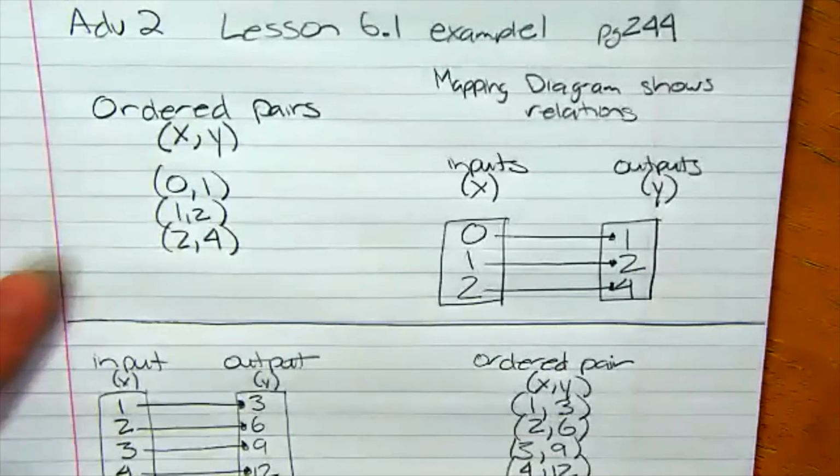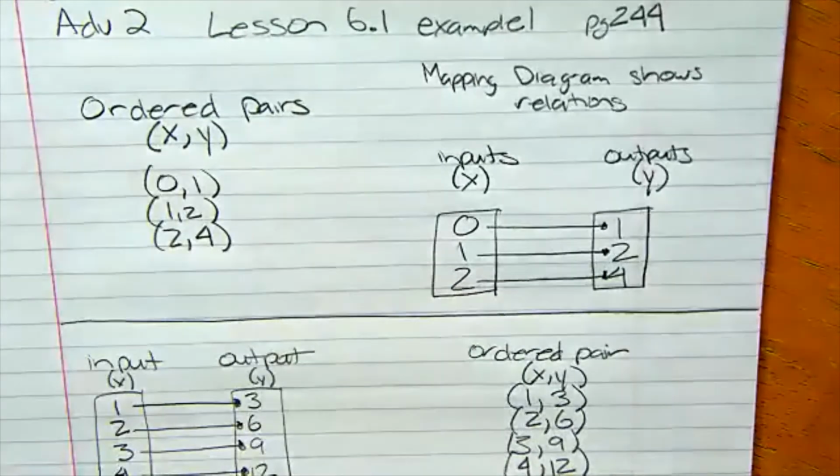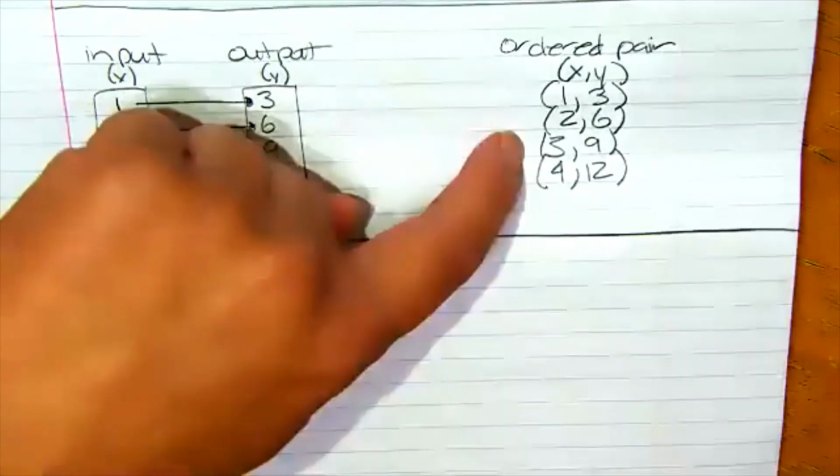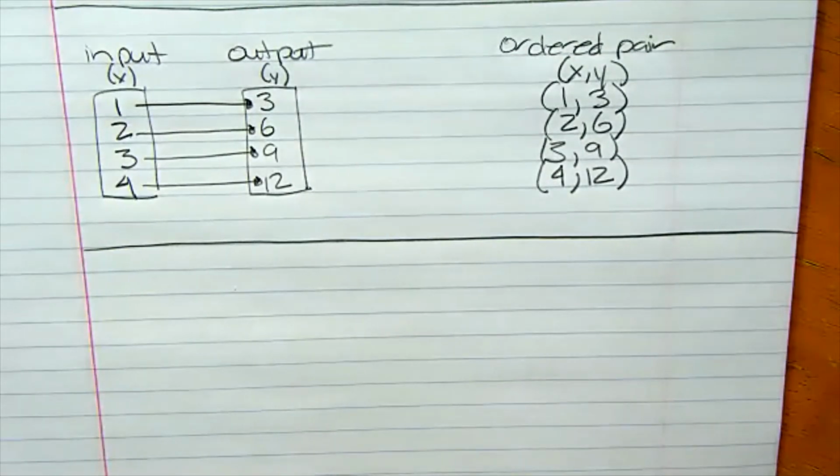The book will give us ordered pairs and ask us to create a mapping diagram, or they will give us a mapping diagram and ask us to write the ordered pairs.